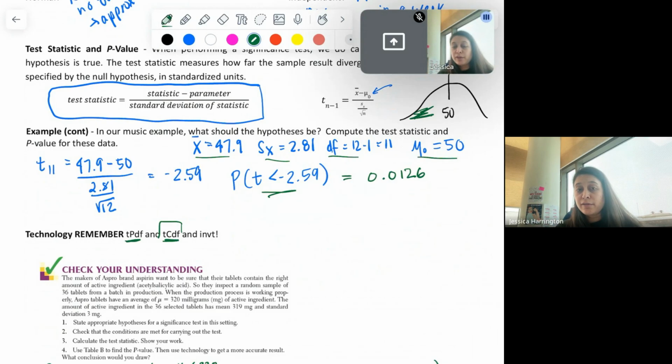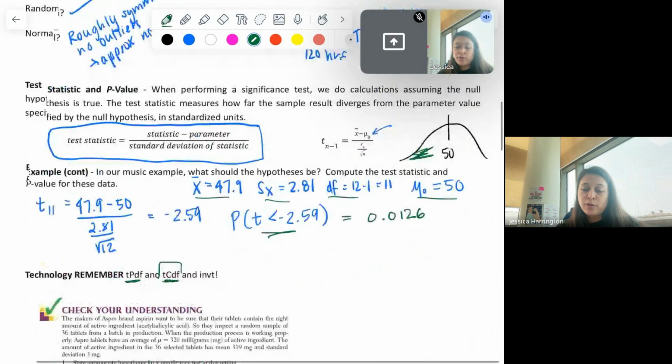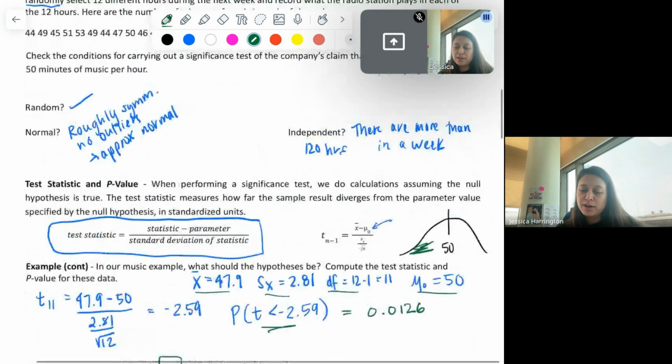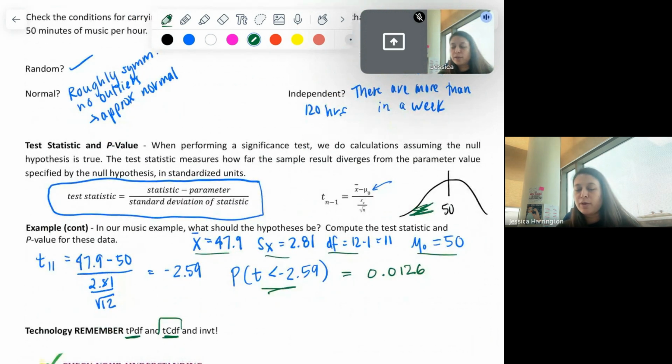So what we found here, just to go up, is the probability that we have less than 50 minutes of music, their claim, is 0.0126, so about 1.26%. So we're going to now run this again and go through using the p-value and all that stuff. This is part of a problem, okay? So pause, try the next, and then keep going.